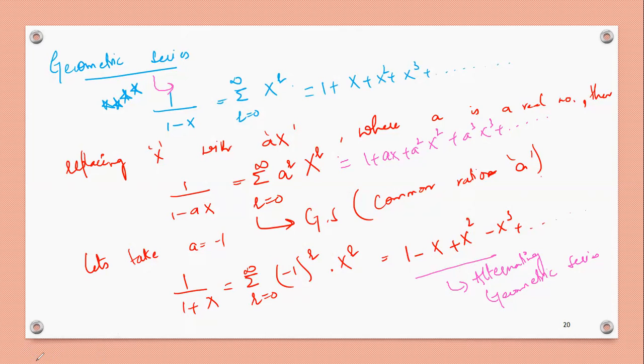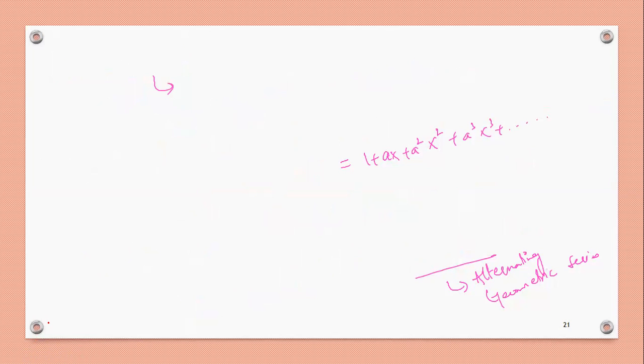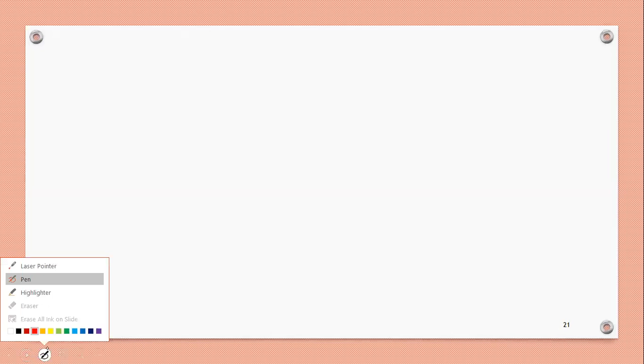Okay. Now based on this, we will have the formula for 1 minus x whole power minus n, or it can also be written as 1 by 1 minus x whole power n.